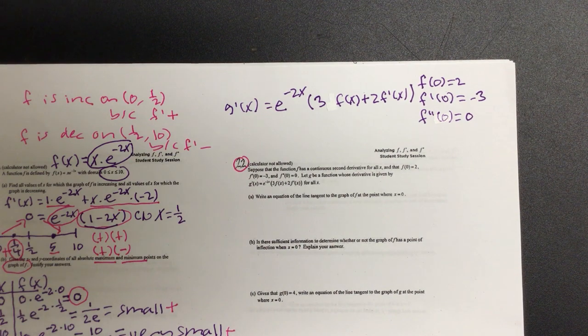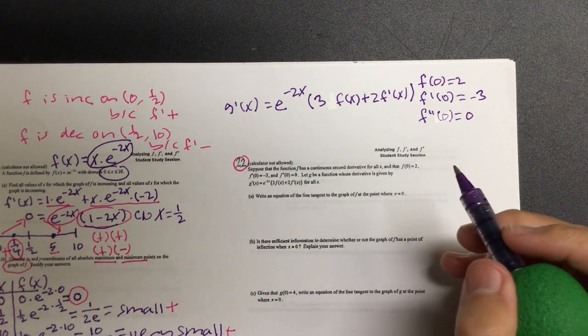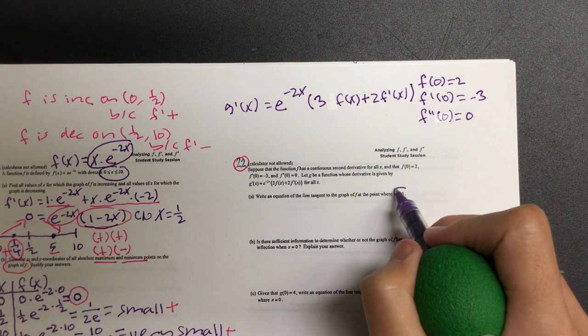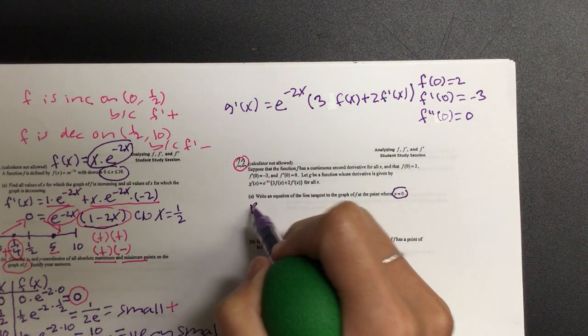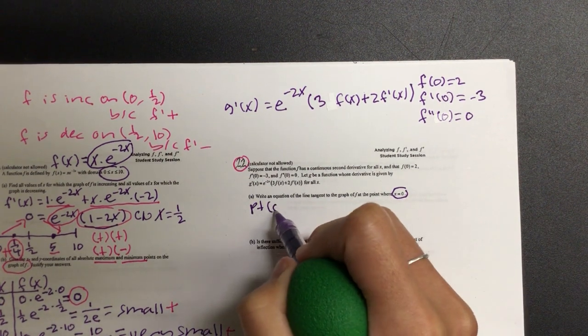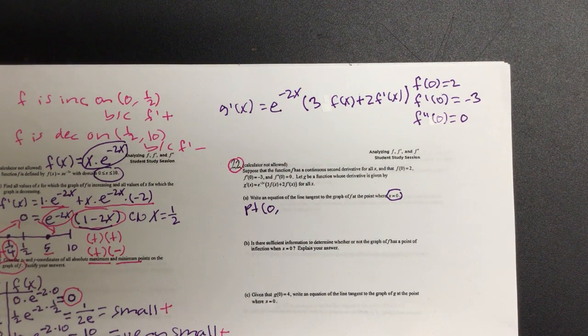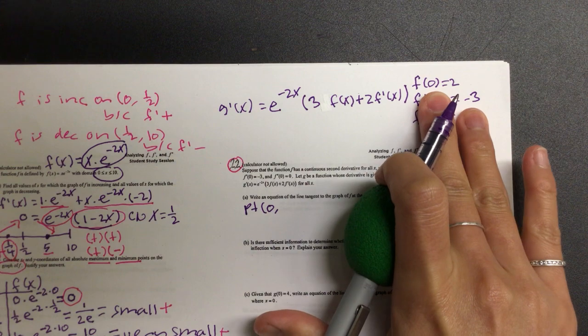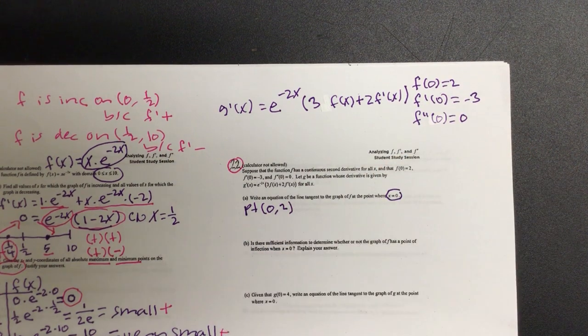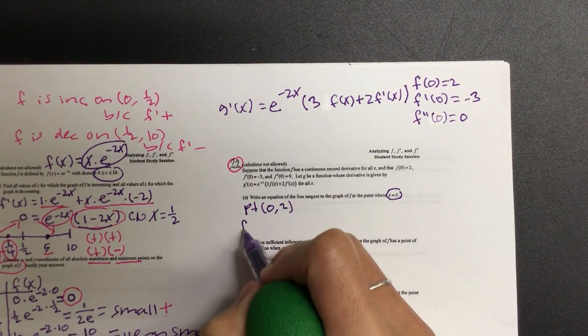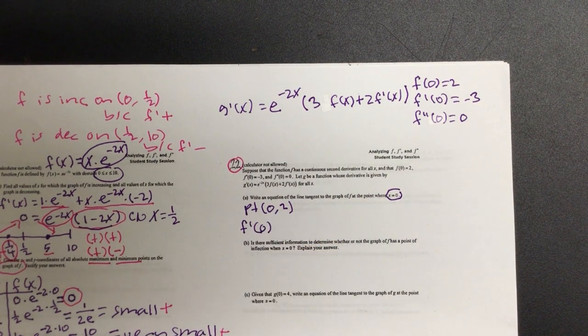All right, the first one says to find what kind of line? Tangent line at x equals 0. So we know we need a point. Let's all write out the point. The x coordinate is 0. Do I know what the y coordinate is by the given? Yes. They gave us at 0, it is 2. And then I need to find what is f prime of 0?